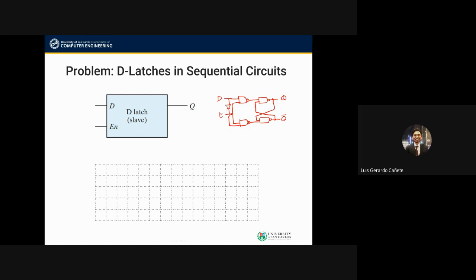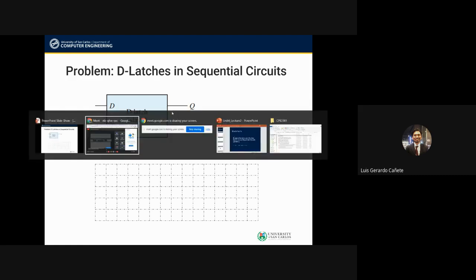I'm going to delete this because we might use this for our pseudocode. I want you to sit down in your seats and think about how you would implement the logic of a D latch if it were a programming language, if we weren't using a circuit. Let's say that you're simulating how a D latch works. How would you go about that?